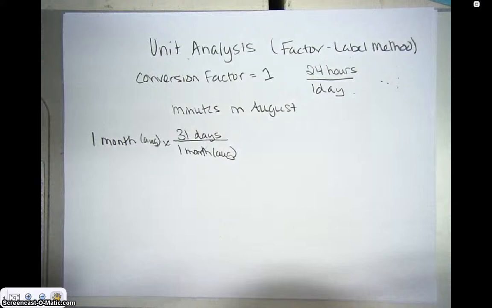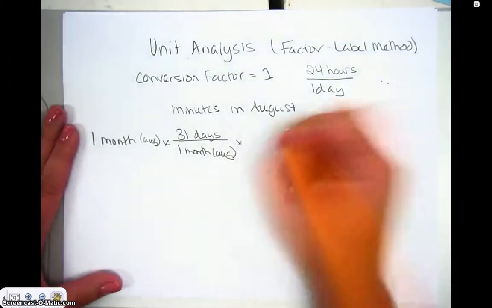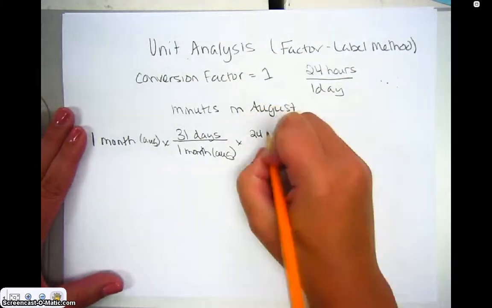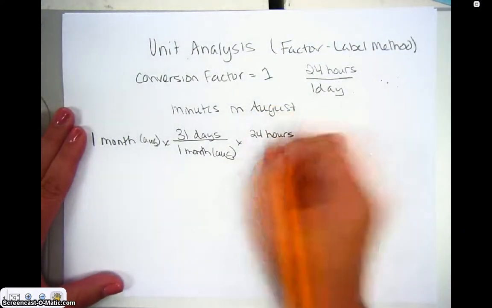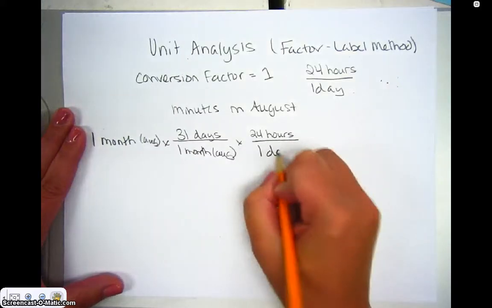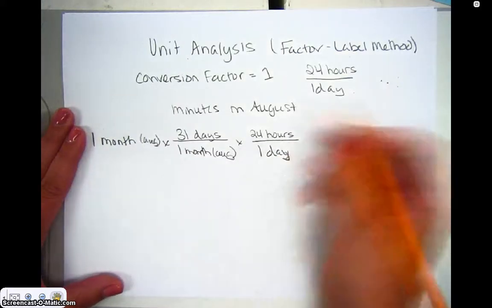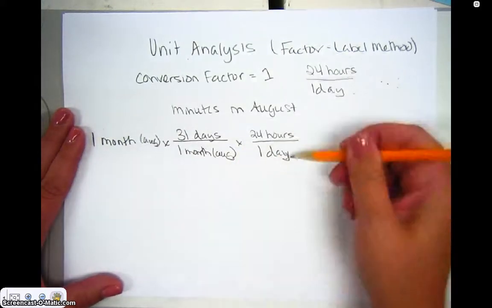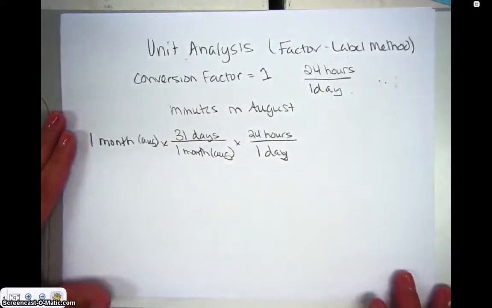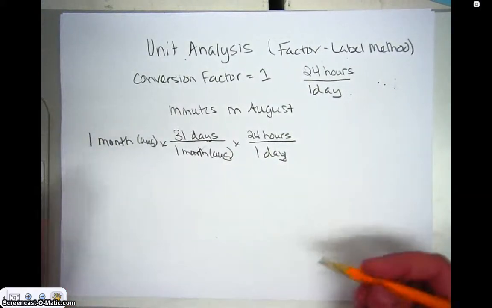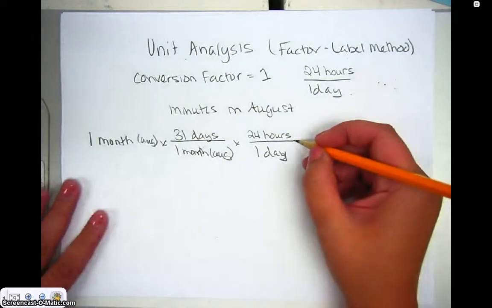And now put it into hours. So there are 24 hours in every 1 day. And I multiply by my next conversion factor. The next step is to get to minutes.